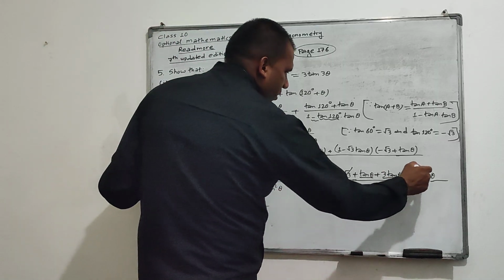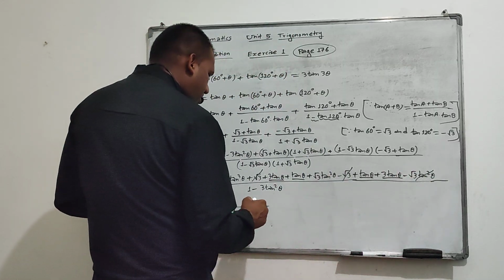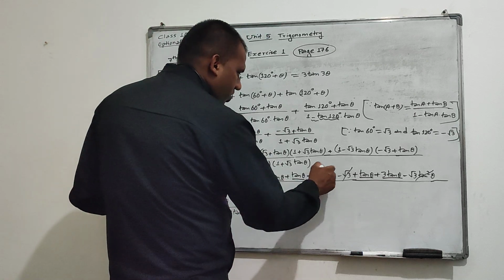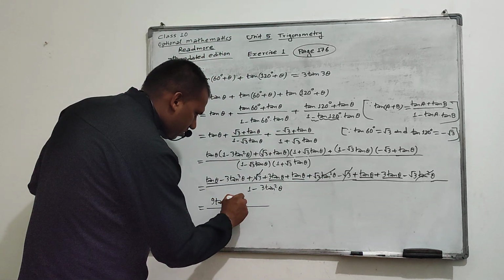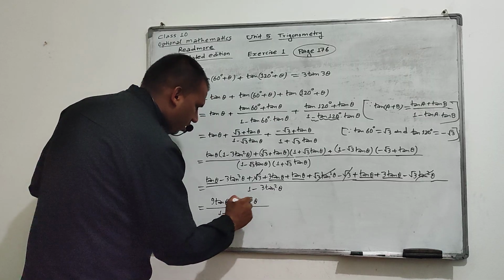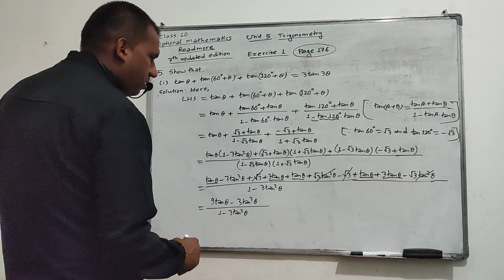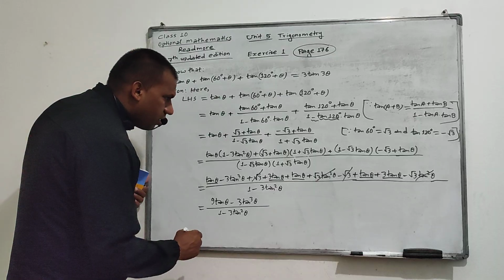Then minus root 3 tan square theta and plus root 3 tan square theta cancels out, remaining minus 3 tan cube theta, 9 tan theta minus 3 tan cube theta.